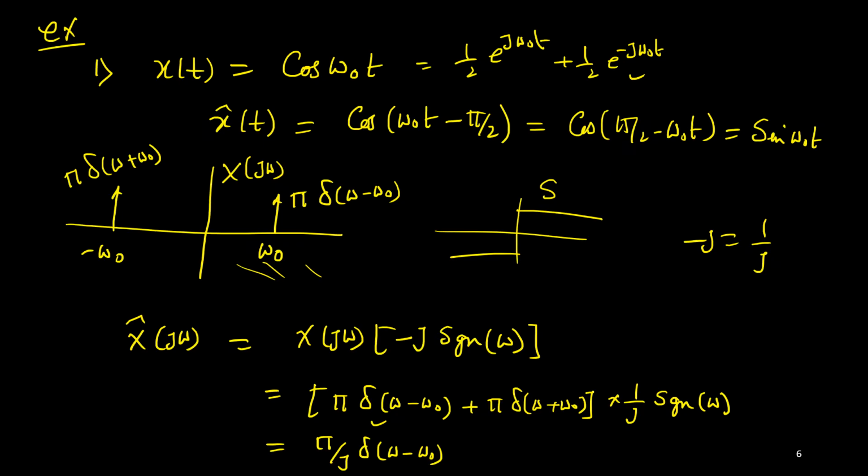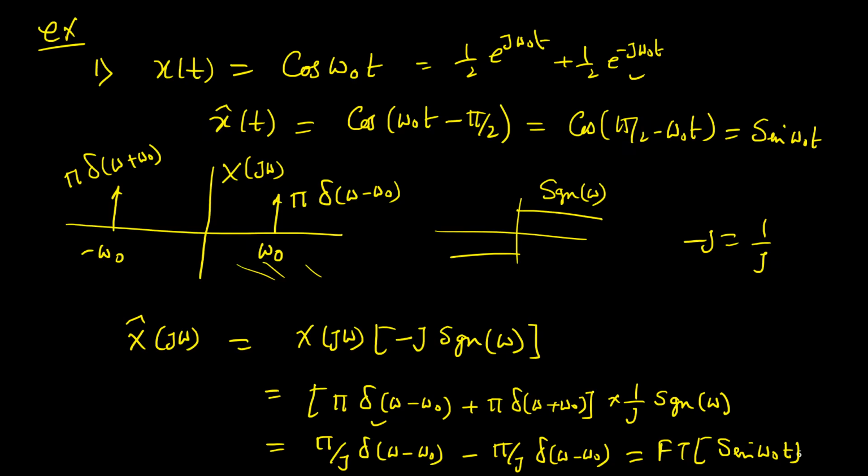Now for the negative side, what is happening? This is minus, so it is minus pi by j delta omega plus omega naught. And you see this is exactly the same as the Fourier transform of sine omega naught t.